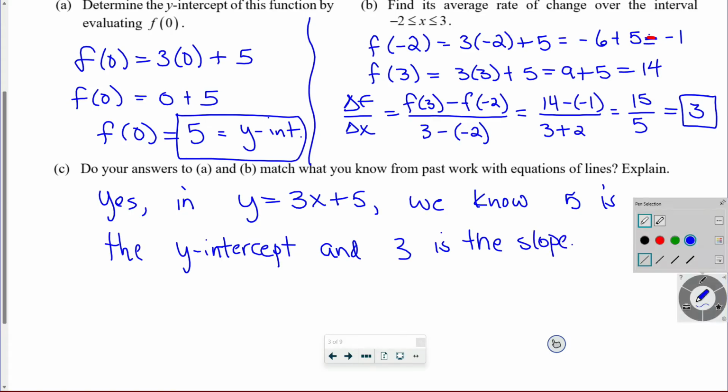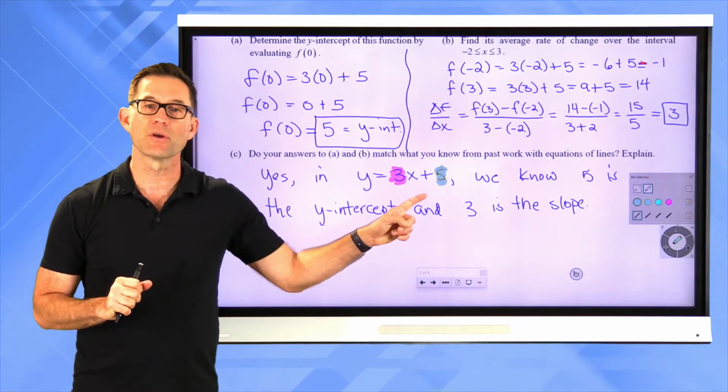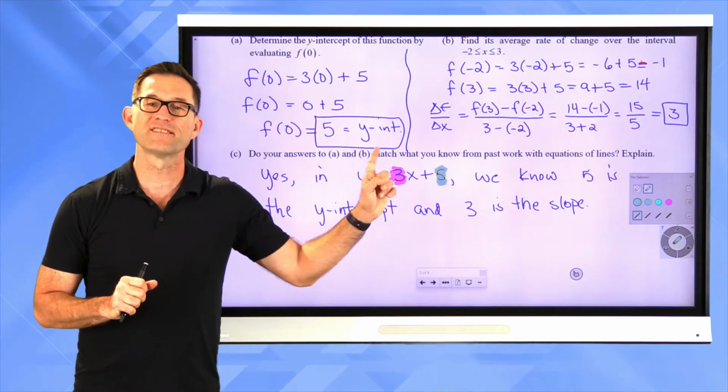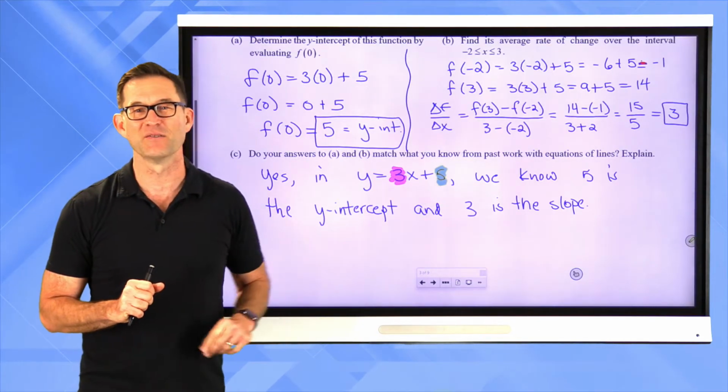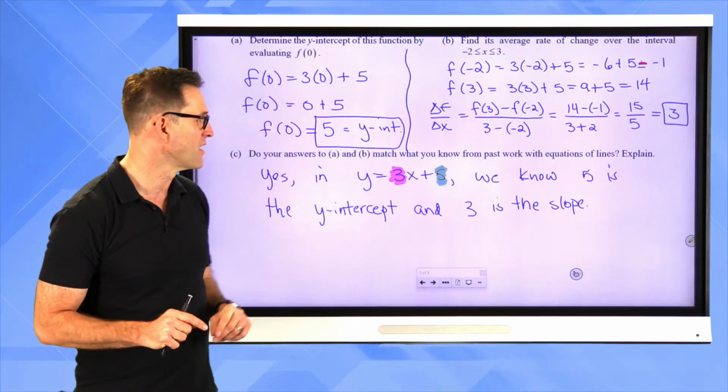So as long as we have it written in this form, didn't really want that to be purple, but sure. As long as it's written in that form, then we know that the coefficient on the x term is going to be the slope, and then this, which you can probably now barely see, is going to be the y-intercept. Note to self, maybe it's better to highlight in purple than it is in yellow.